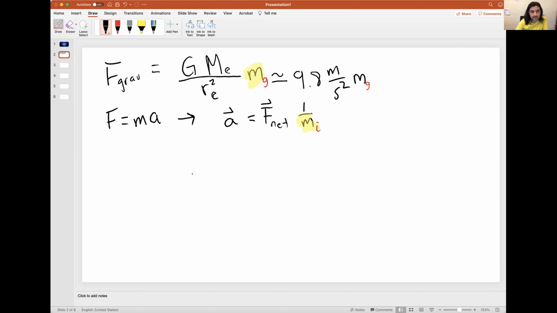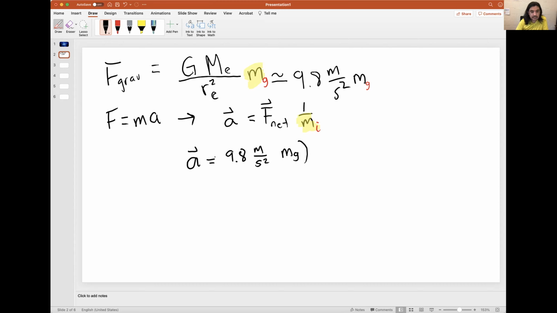Well, we know that the acceleration is going to be related to this 9.8, that is this combination of constants, the mass of the object, gravitational mass, because there's a gravitational force acting on it.